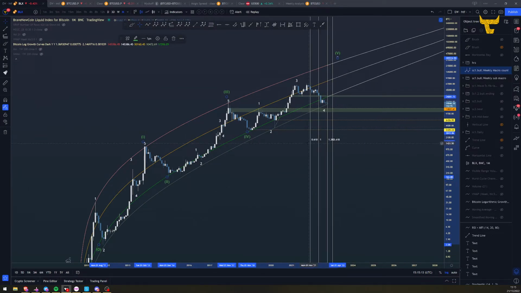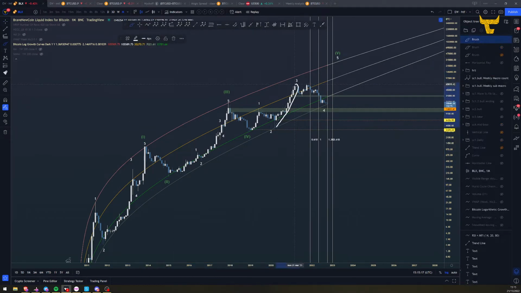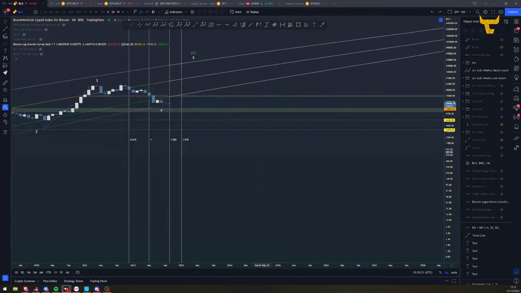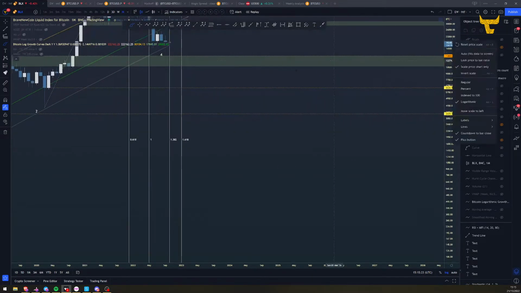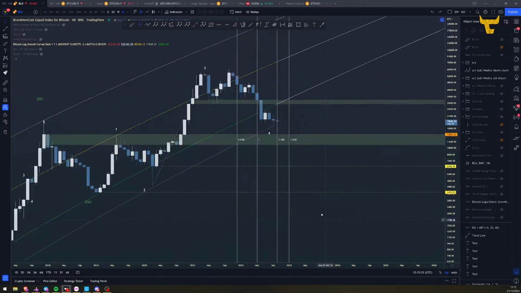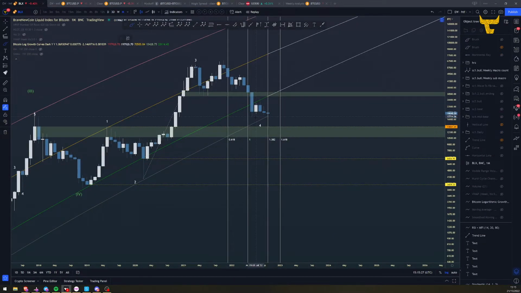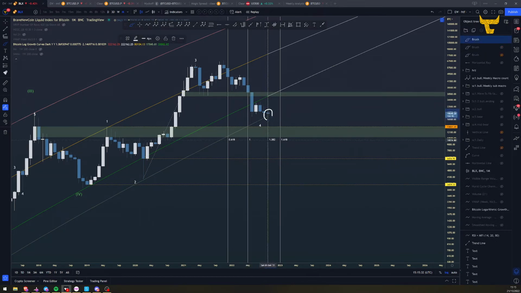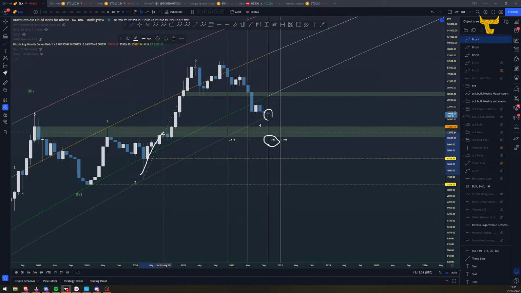Still, you can see here the fib time is just showing the time of wave 3 projected with a fib, or the proposed wave 3. So it shows that we are about 1.40 times the time it took for wave 3 here.